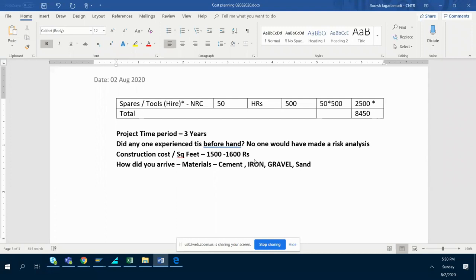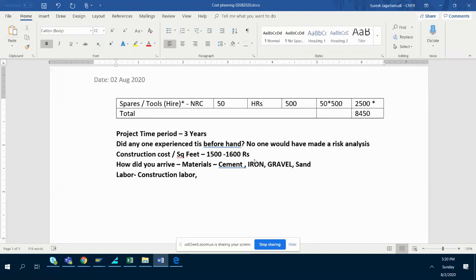Next is labor. What are the labor? Construction labor. What else?